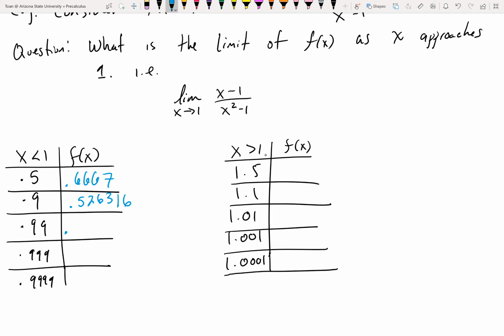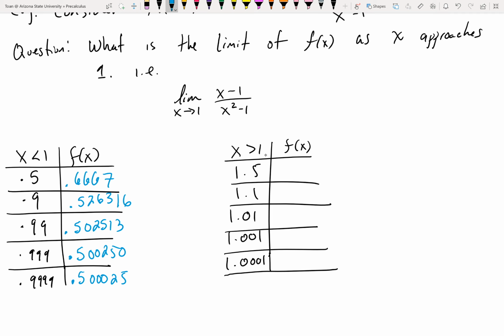Plug in a 0.99, you're going to get 0.502513. Plug in a 0.999, you're going to get 0.500250. Plug in a 0.9999, you're going to get 0.500025. Interesting.